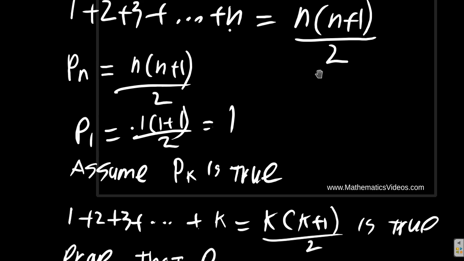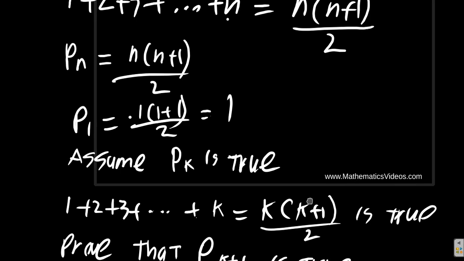So we want to identify numbers, but k is a number that we don't specify. We know we prove for 1, but k can be any number. You could prove for 2, but you don't prove for 3, and so on. So k could be 4. You prove for 1, but you don't prove for 2. k could be 2, whatever number it is.